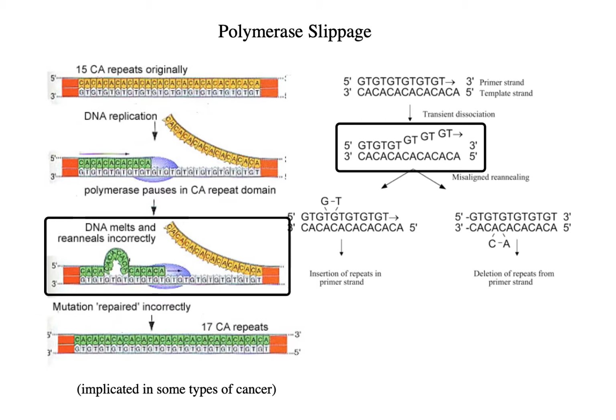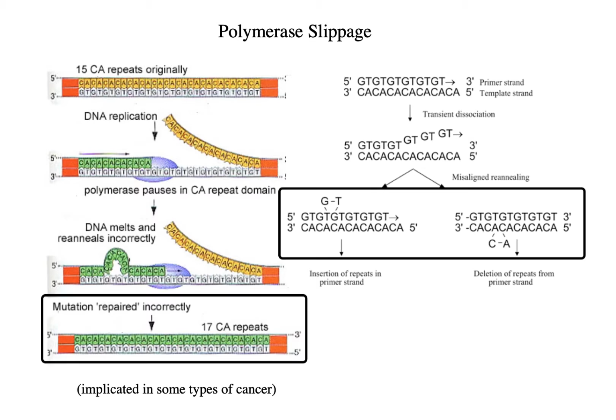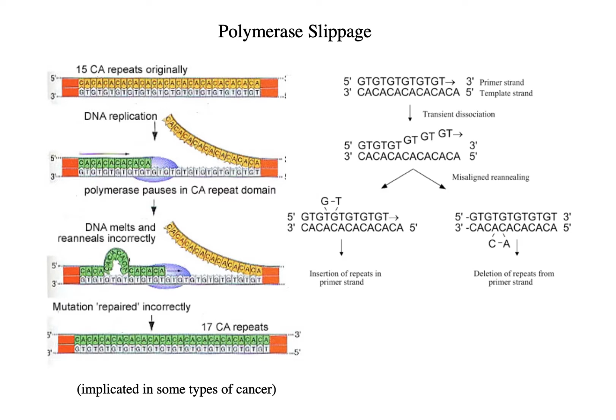Since all of these are self-complementary, they can bind in many different ways, and then you can create a region that has more of those repeats or fewer of those repeats, depending on how that polymerase slips. Now, this can be in small repeats or it can be in large repeats, although it's more common with small repeats because they're so close together with respect to the DNA polymerase and attendant molecules.